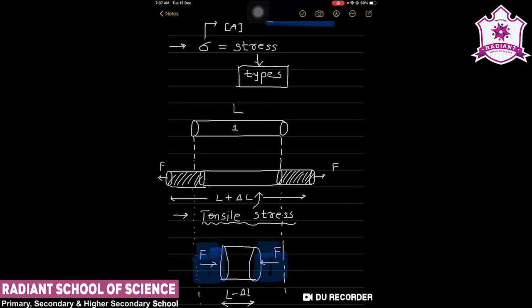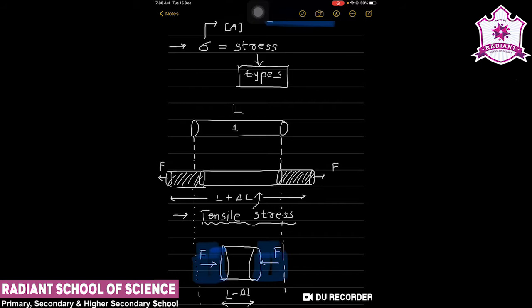Now, suppose we apply external force on it such that it will extend its length on both sides, and we again say that we applied equal force on both sides. So if equal force is applied on both sides, under the influence of this external force, the object has increased its length.